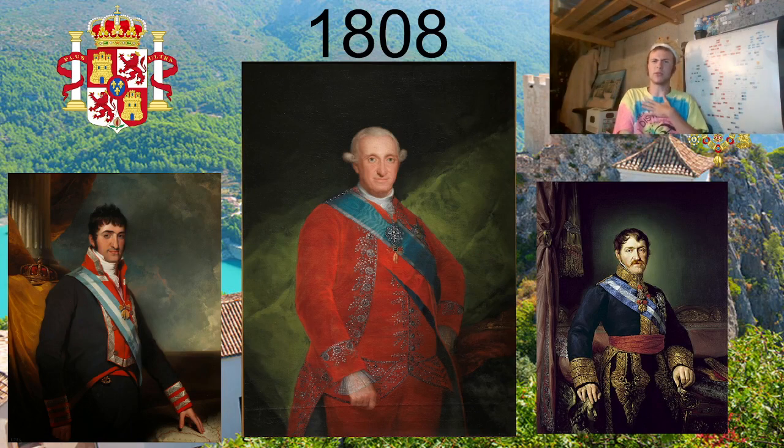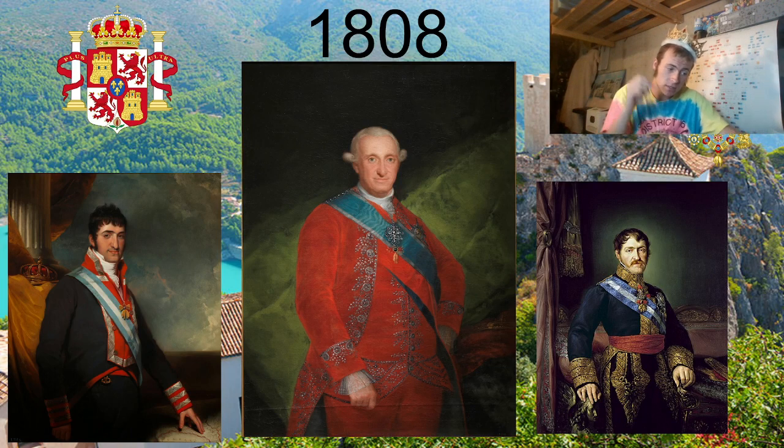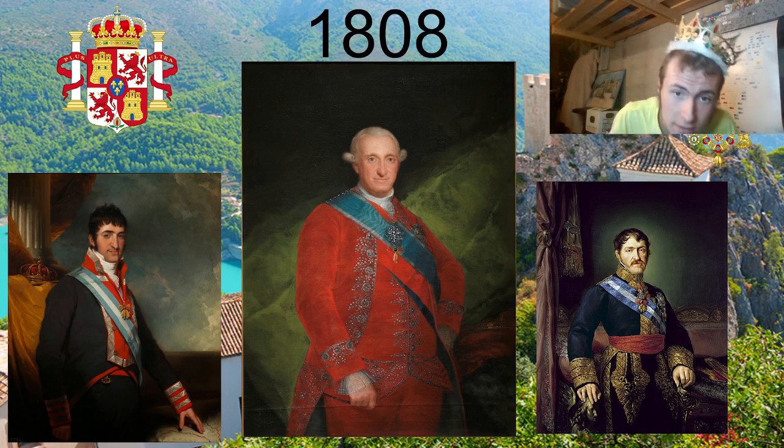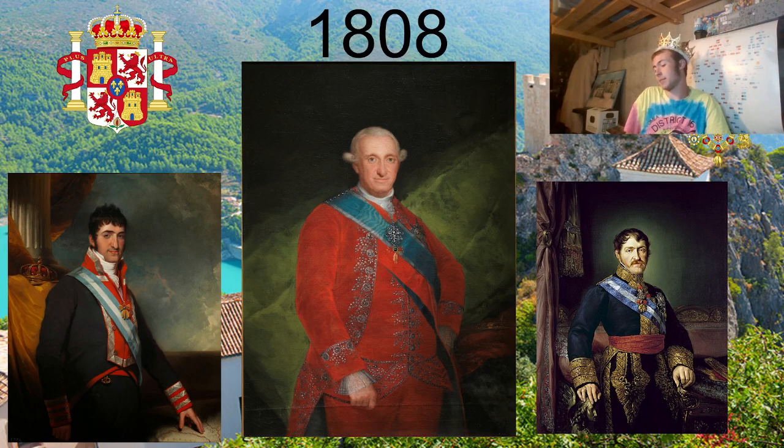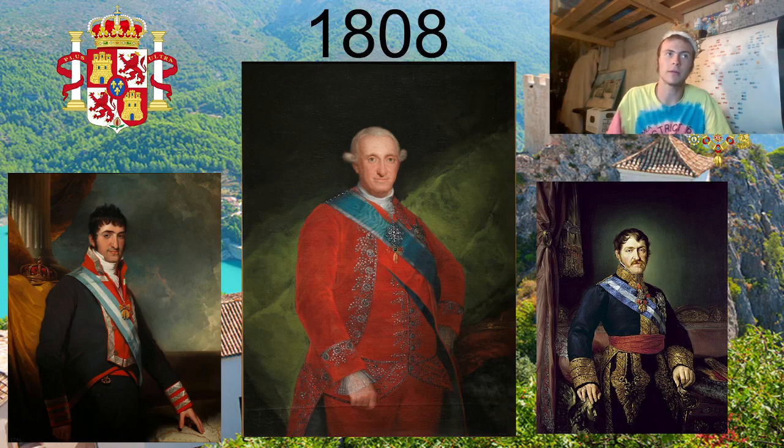Things kind of come to a shift because the Napoleonic Wars are going on at this time. Napoleon takes his conquest into Spain. But at this time, and this is the big trend to happen with modern Spanish monarchs, before Napoleon was actually able to conquer Spain, early on in 1808, now Napoleon had led his first conquest in 1799, so throughout the first couple of years of the 1800s, Napoleon was doing conquest.